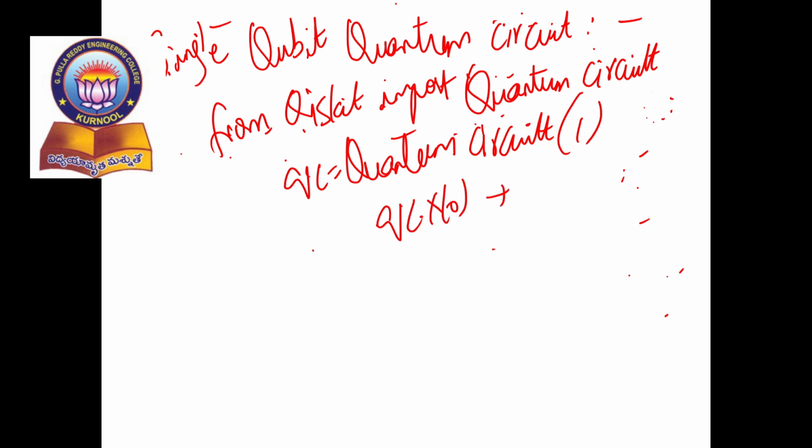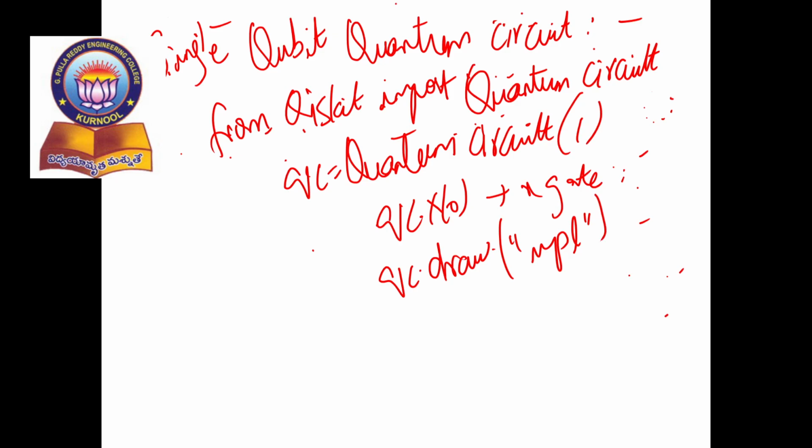So X of 0 is the X gate. Next, QC dot draw of MPL. So now we are applying the X gate on qubit 0. The output is represented as, this is the qubit and this is the X gate.